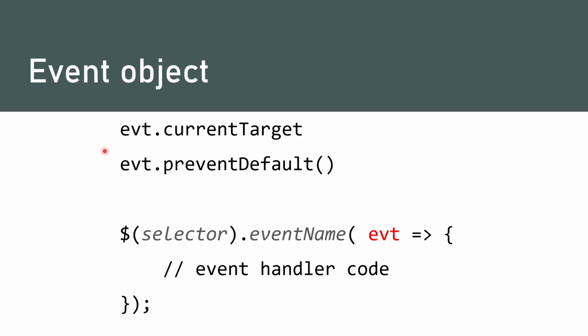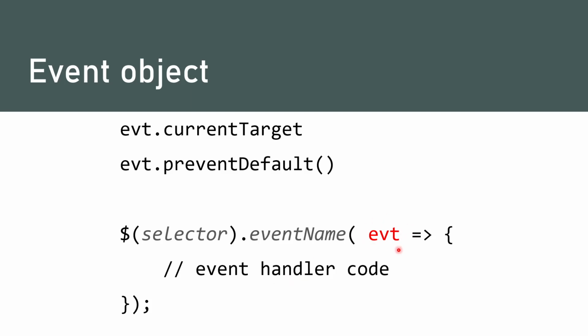But the textbook, this chapter, also brings up the event.currentTarget. The currentTarget attribute is very useful so that you can just access the element that the event is occurring on inside of your event handler. So you won't have to use the selector again to try to get to that element.